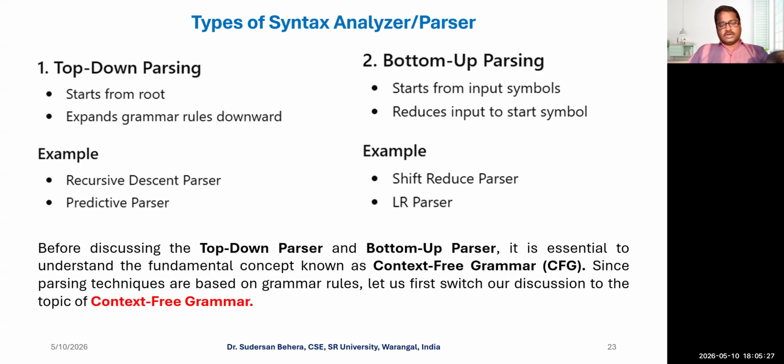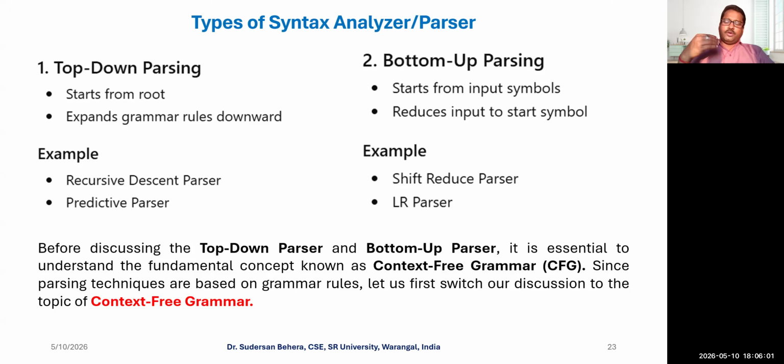Before discussing the top-down parser as well as the bottom-up parser in depth, it is essential to know about context-free grammar, because I have repeated context-free grammar many times. It uses a grammatical structure. What is that grammatical structure? That grammar is called context-free grammar.